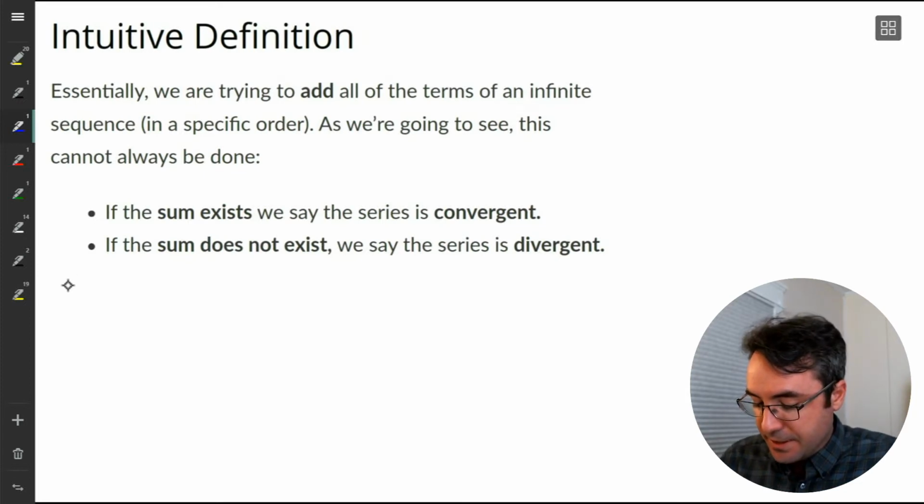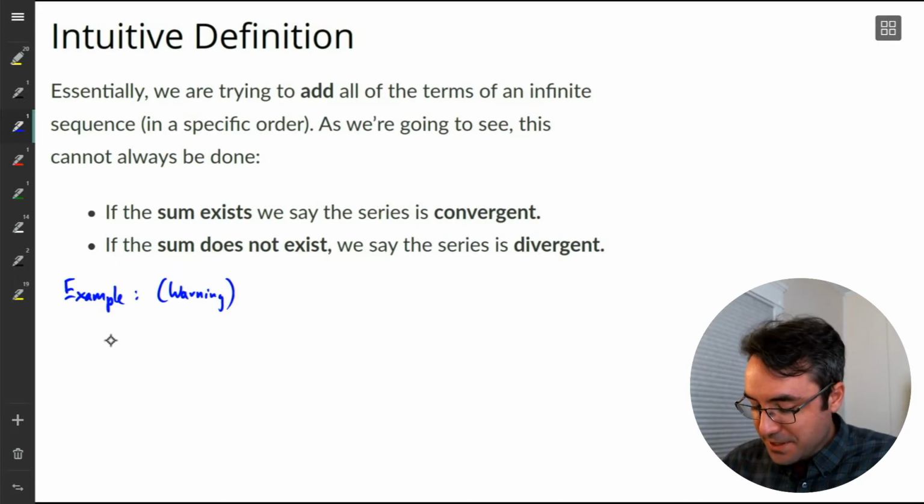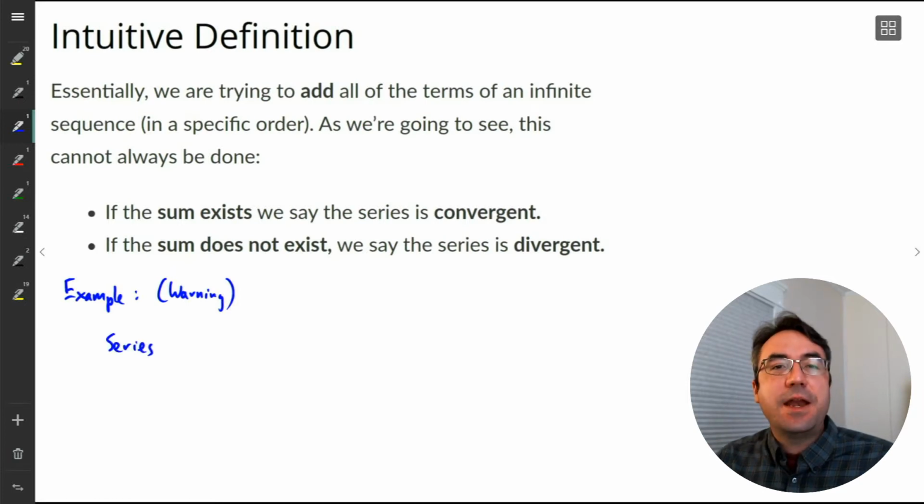And just as a little example, more of a warning, just to see something, it looks like you should be able to do it, but you really can't. So let's consider the series. Let's take our alternating sequence, the one that bounces back and forth between -1 and +1. Let's see what happens when we try to add those terms together.